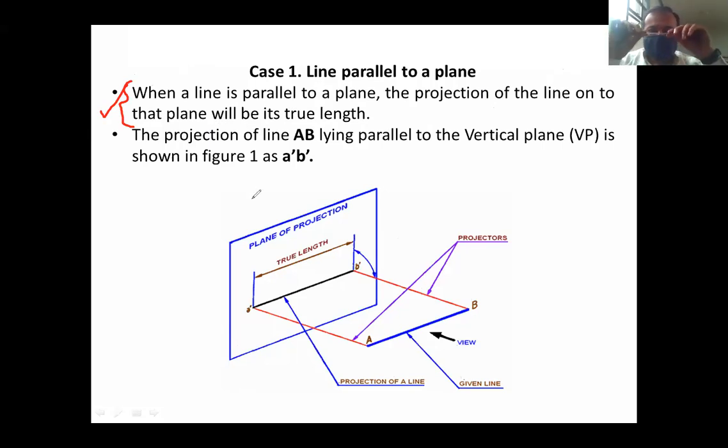I am holding my scale parallel to this vertical plane, this screen. Whatever projection I get on the screen here is the actual length that I am seeing.